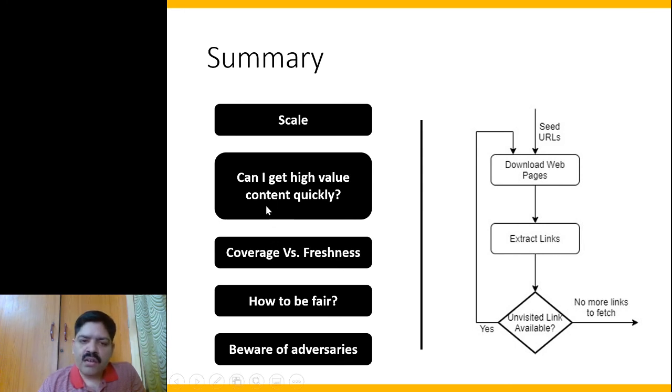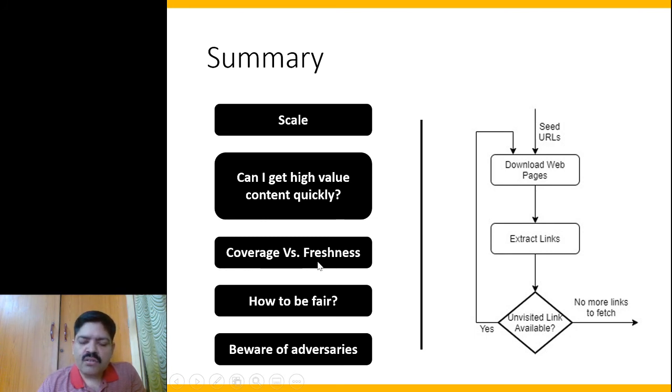For high value content, again, we looked at sitemaps to check the priority as given by the site owner, and there are a few other techniques, as in we try to eliminate the fake pages or push them down, if we can detect them, if we can detect near duplicates, and we also look for frequently changing pages and ensure that they are downloaded more often, whereas static pages are not downloaded that often, and so on.